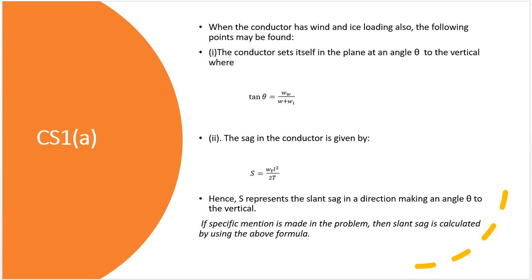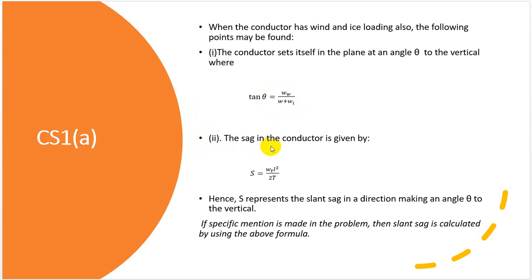When the conductor has wind and ice loading, the following points may be noted. The conductor sets itself in a plane at an angle theta to the vertical, where tan theta equals Ww by (W plus Wi).